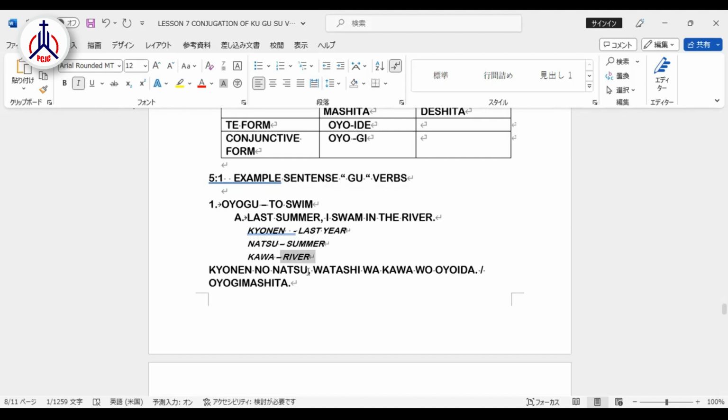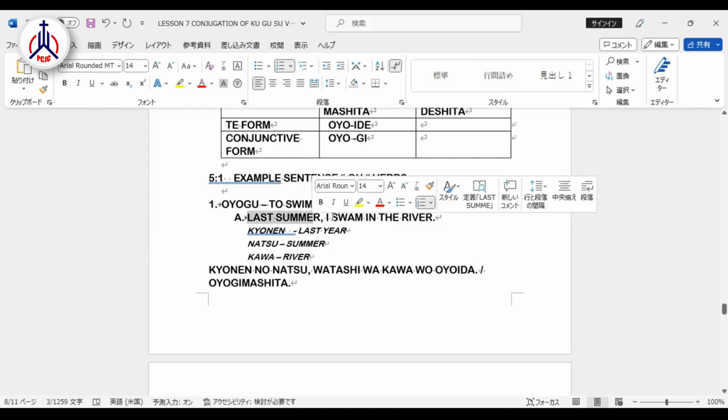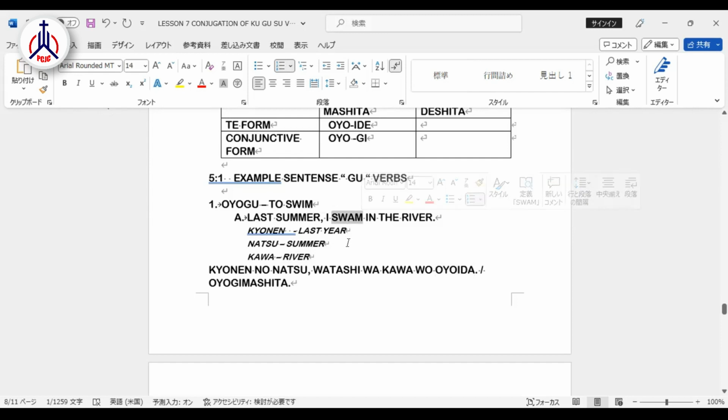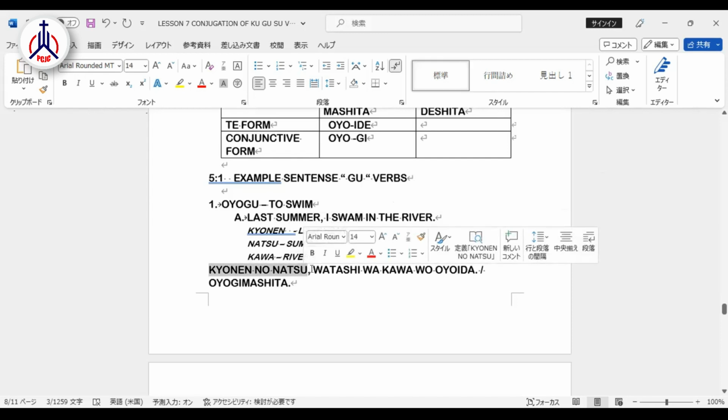So it will be kyonen no natsu watashi wa kawa wo oyoida. Why oyoida? Because it is past tense. Last summer, and the verb swam, which means the action has already been done, past.